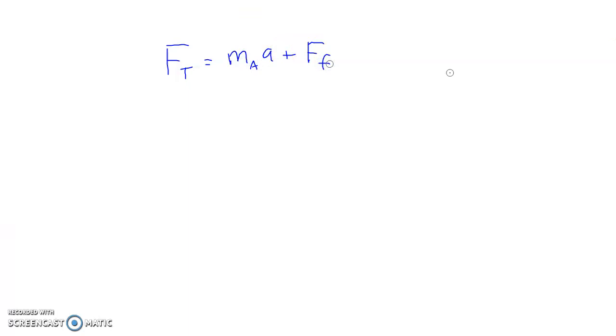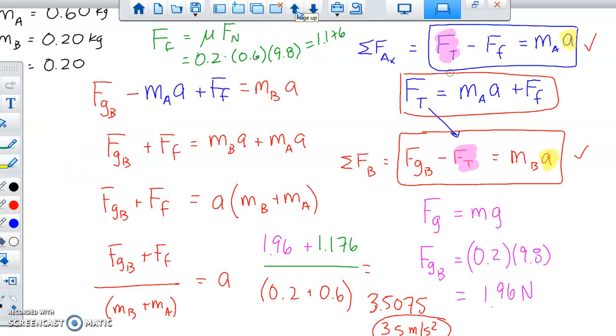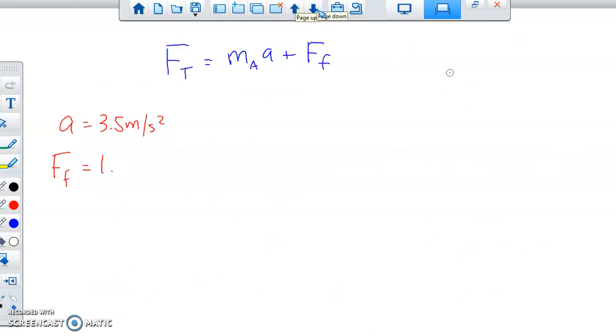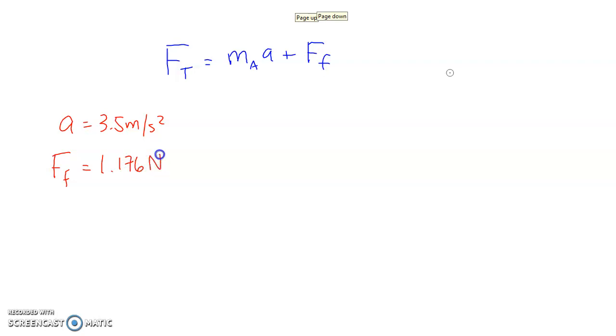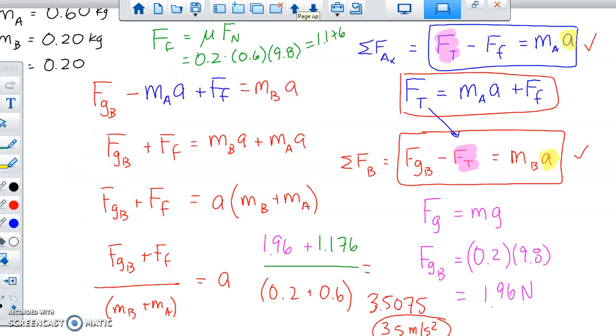Now that we know that the acceleration was 3.5, we know the force of friction was 1 point something. Let me go back and just check it. It was 1.176 newtons. And we know the mass of A was 0.6.